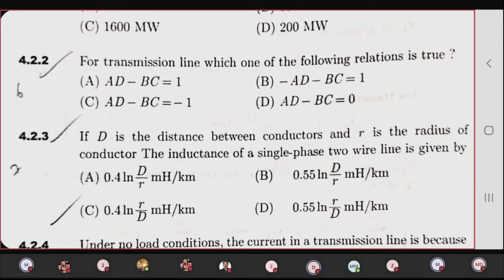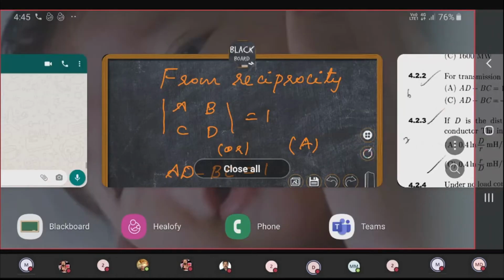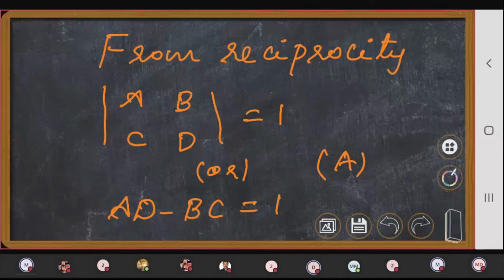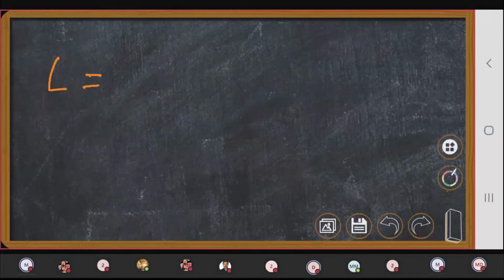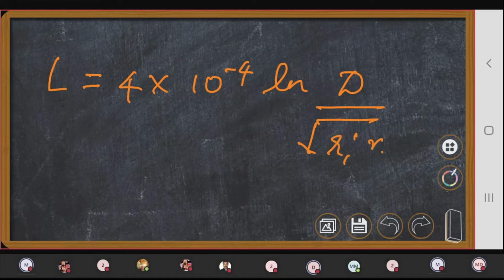If we are aware of single phase transmission line inductance calculation, it is easier to find the answer. So what is the expression we have for a single phase two-wire transmission line? L equal to 4 into 10 power minus 4 ln D by square root of R1 dash R2 dash.